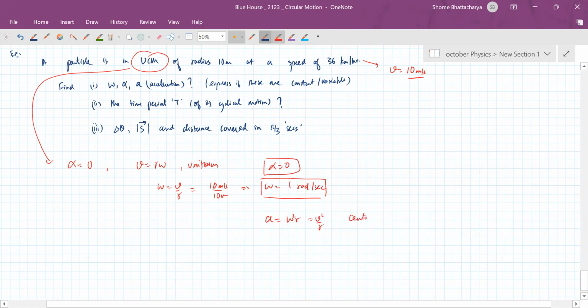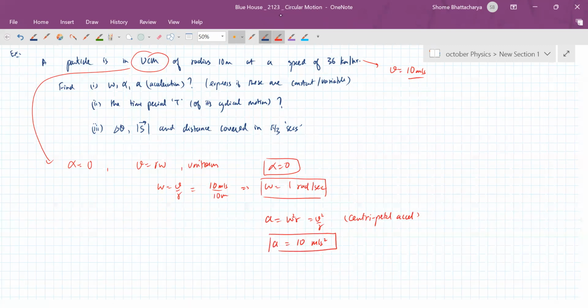That is only centripetal acceleration. That is going to be 10 meters per second square in magnitude. Okay, the direction is always changing. So that's the first part.